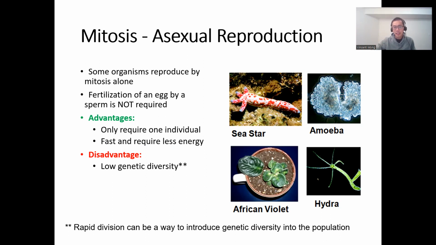No partner is needed. A lot of plants do this. If you grow any plants at home, sometimes when your plants get too big, you can cut off a piece of it, leave it in water, and then it will start to root. Then you can put it in a new pot, and you get another plant, but that plant is genetically identical to the one that you got the piece from, right?